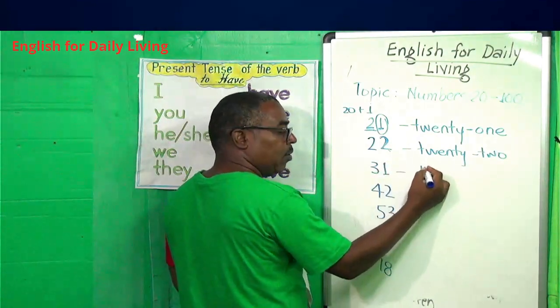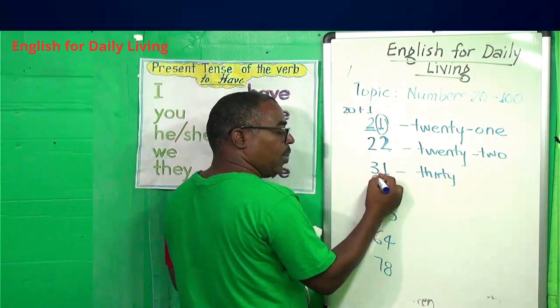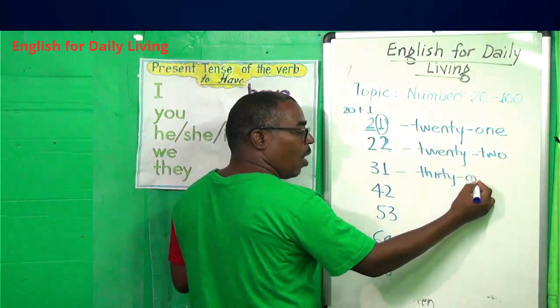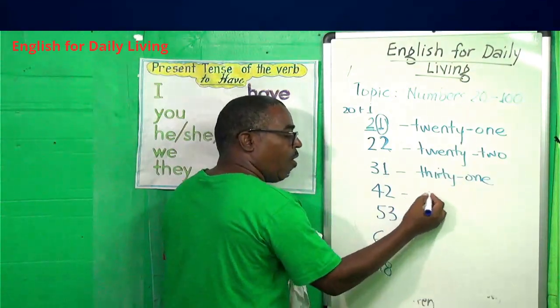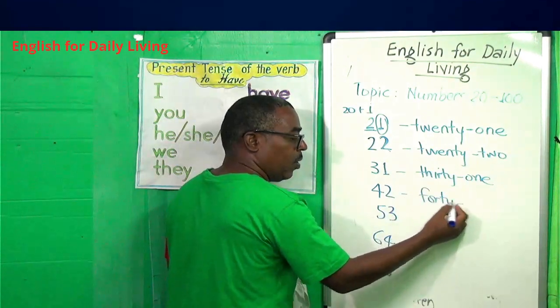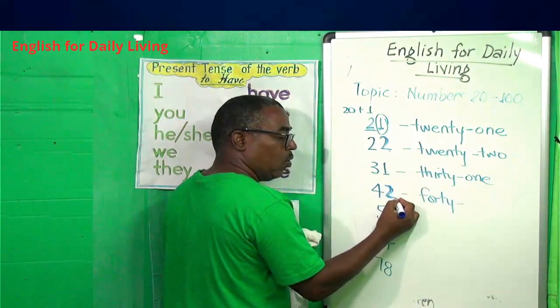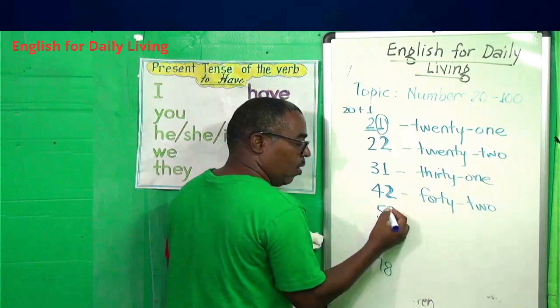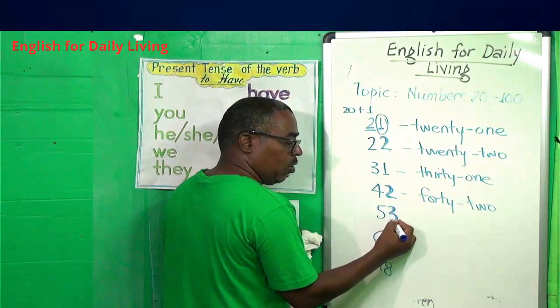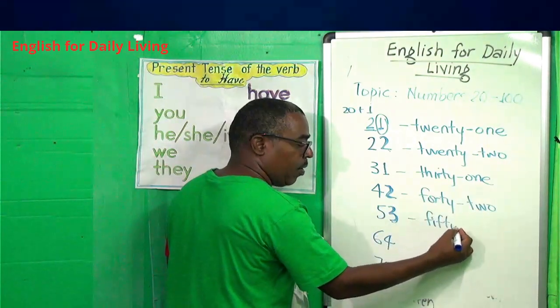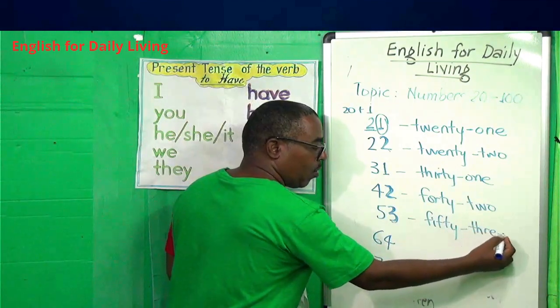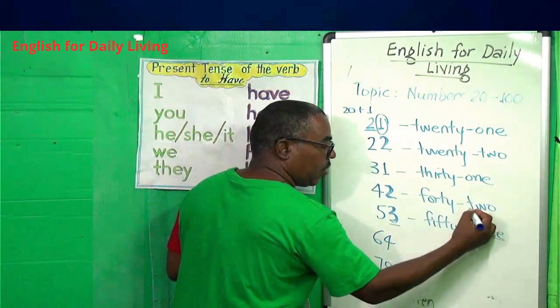30, and this is 1, 31. 40, and this is what? 2, so 42. 50, and this is 3, 53. See that happening here.